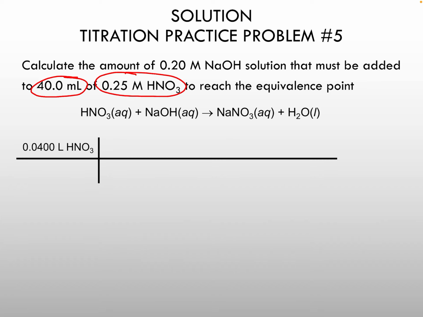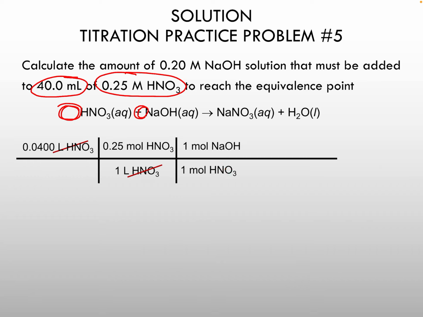Then I'll use my molarity as a conversion factor to convert from liters of nitric acid to moles of nitric acid. And then we can use our ratio from the balanced chemical equation. We know that for every 1 mole of nitric acid, we will need 1 mole of sodium hydroxide. So we can use that to convert between moles of nitric acid and moles of sodium hydroxide.